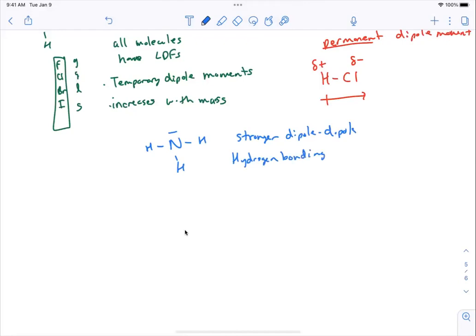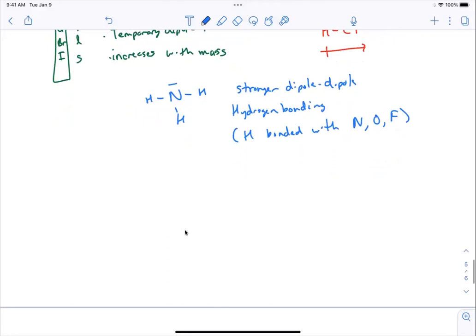It only occurs in specific scenarios where H is bonded with N, O, or F. It's not enough to have them on the same molecule; the H has to be directly bonded to the N, O, or F to create enough difference in polarity that it becomes strong enough.